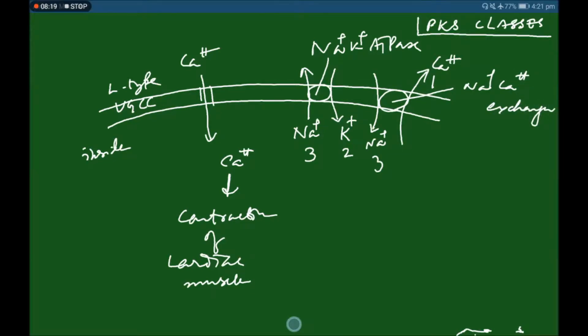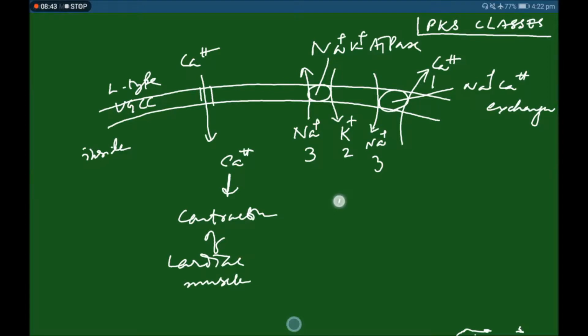So this sodium calcium exchanger works simultaneously with sodium potassium ATPase. Sodium potassium ATPase takes 3 sodium outside in exchange for 2 potassium which comes inside, and the sodium enters inside in exchange for calcium outside.